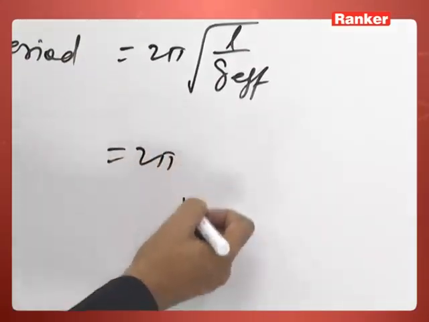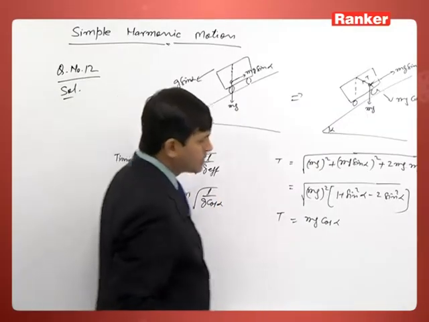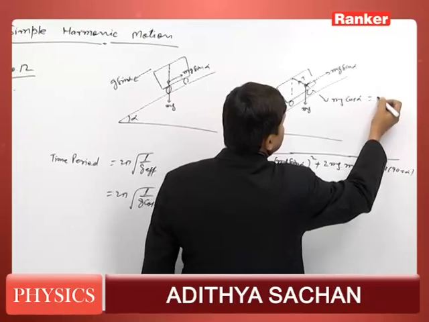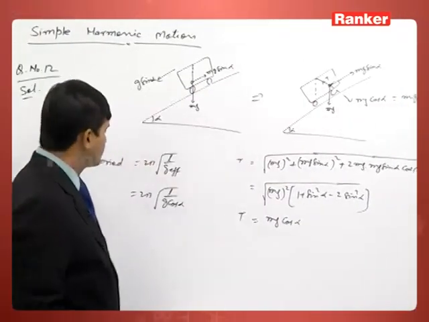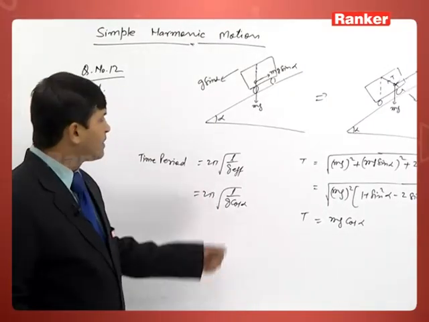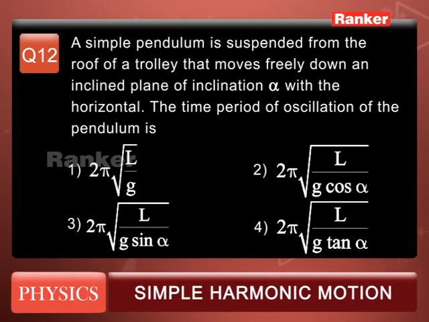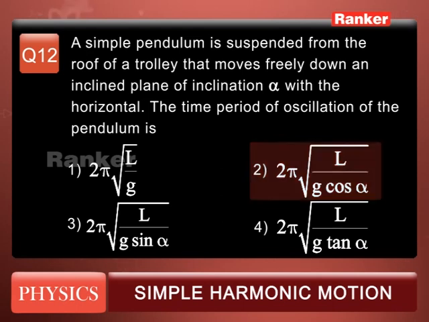So 2 pi root over L by g cos alpha. This mg cos alpha can be written as m into g effective. So the time period relation will be 2 pi root over L by under root g cos alpha. So option number 2 is the correct answer.